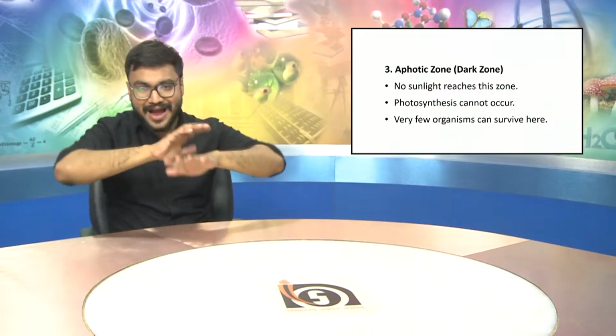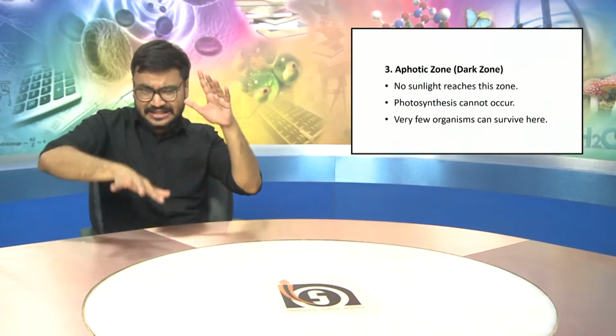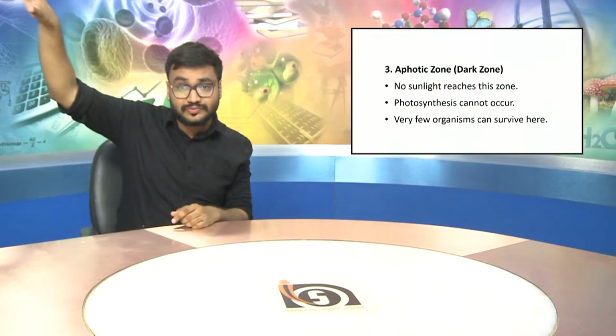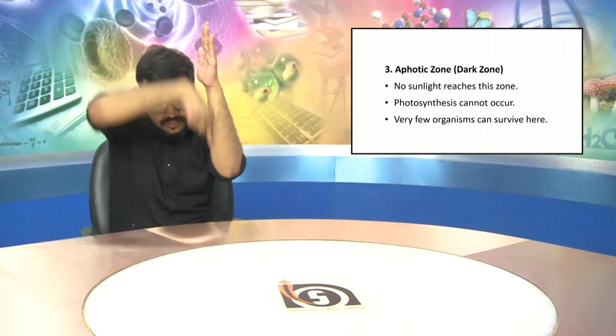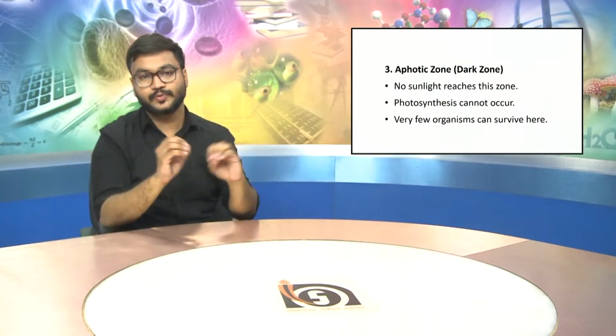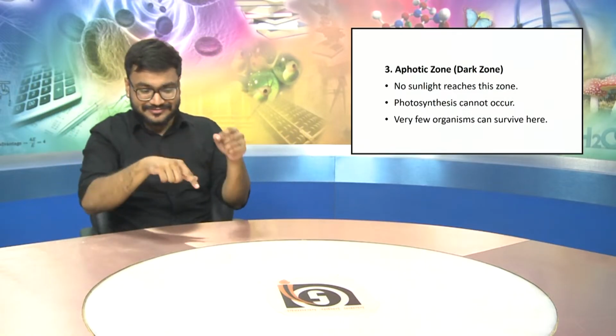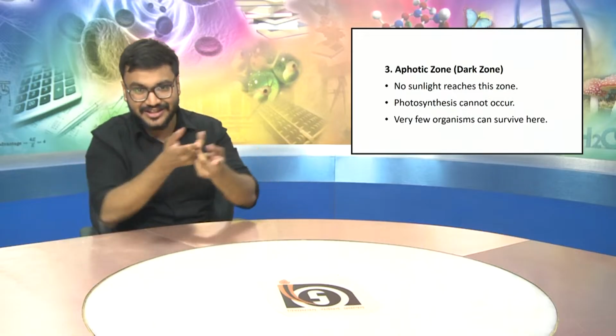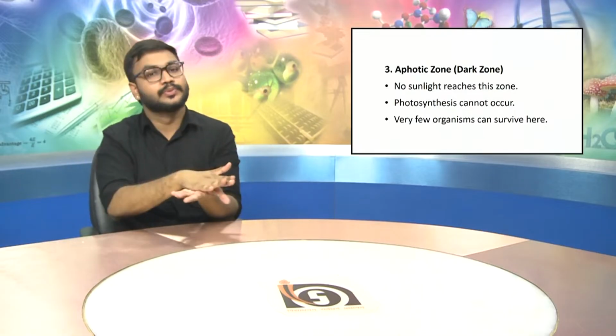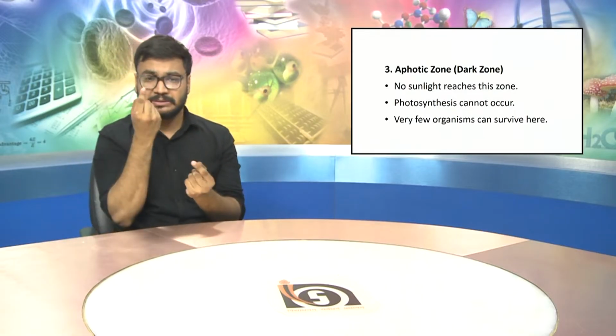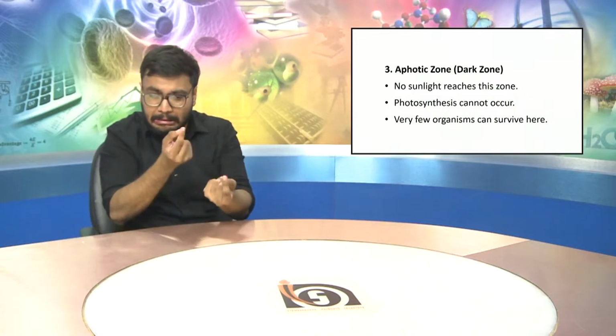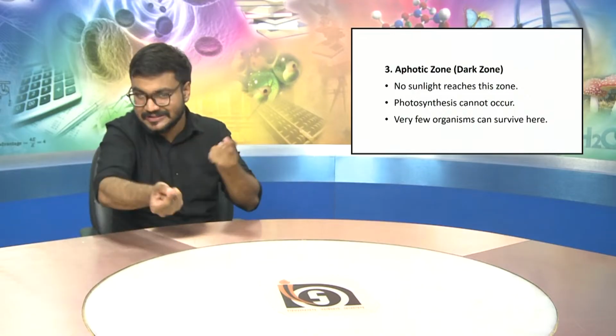And the third level is the aphotic zone, or we can say the dark zone. No sunlight reaches this zone and photosynthesis cannot occur in this level. Very few organisms can survive here.